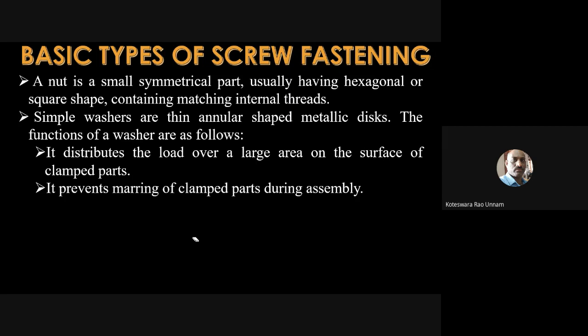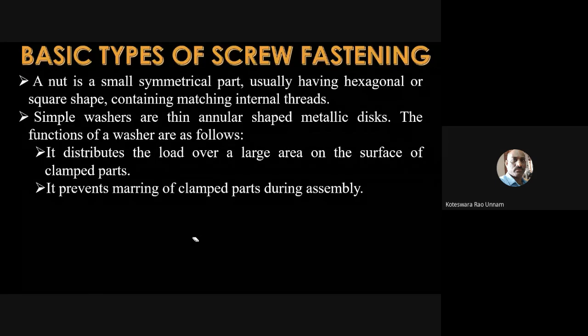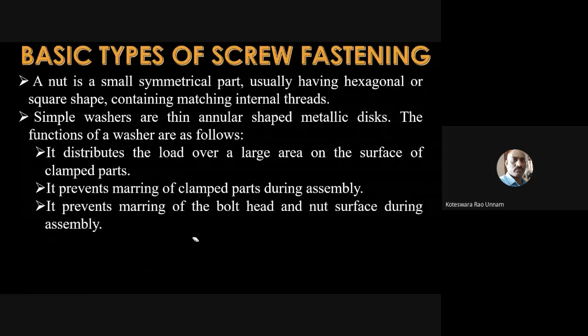Then the second purpose is it prevents marring of clamped parts during the assembly. So that is the second function. Then the third one is it prevents marring of the bolt head and nut surface during the assembly. So for this purpose, the washers are used in these threaded joints.